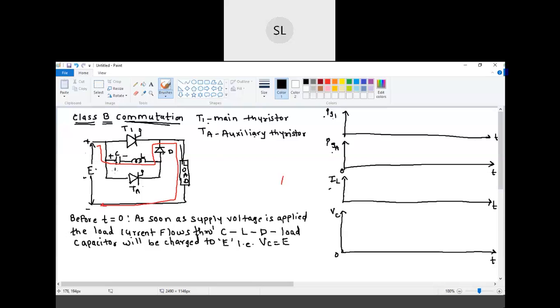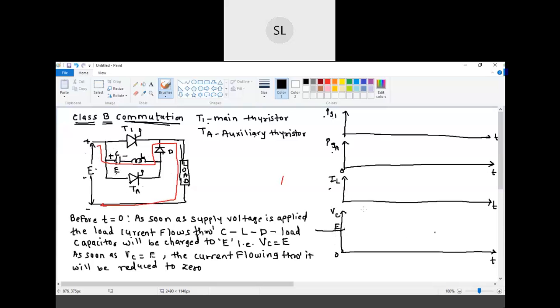It will be charged to the supply voltage E. So before turning on these thyristors, this capacitor is carrying some voltage that is equal to E. Once it is fully charged, the current flowing through it will be reduced to 0, but the voltage across this capacitor will be E. So before t is equal to 0, the voltage available across this capacitor is equal to E, like this.